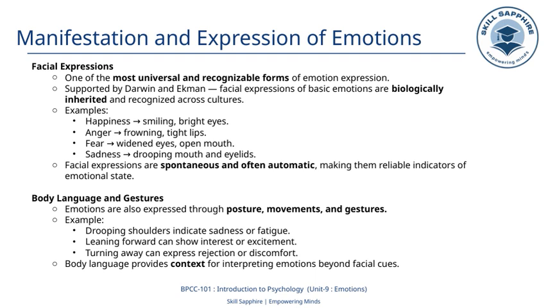Emotions aren't only expressed through our face, but also through how we carry ourselves. Posture, movements, and gestures all communicate feelings. For instance, drooping shoulders can indicate sadness or exhaustion. Leaning forward often shows interest or excitement. Turning away might suggest rejection or discomfort.